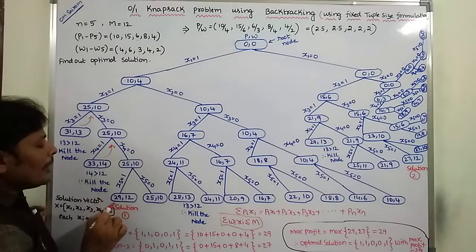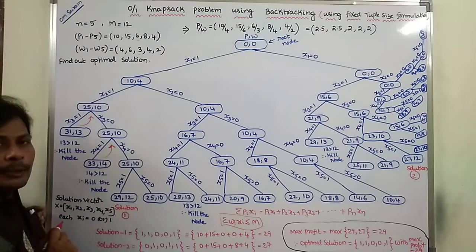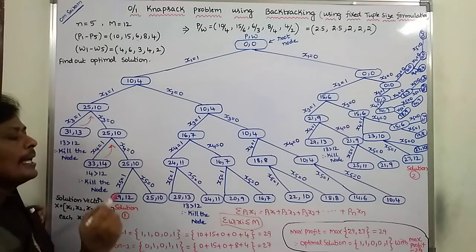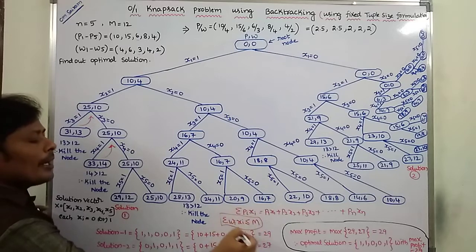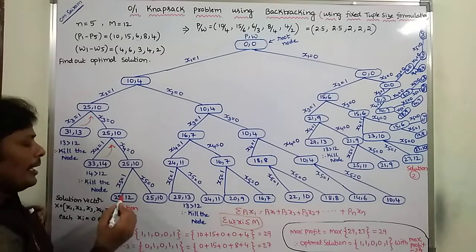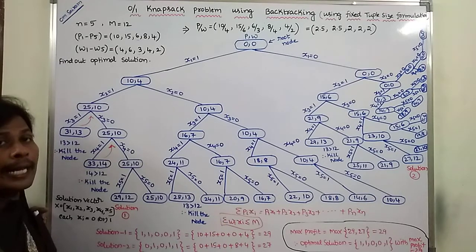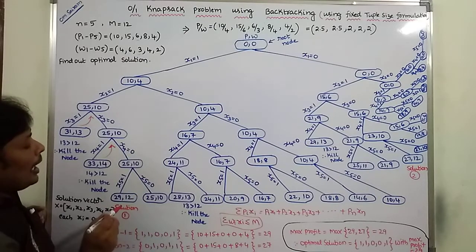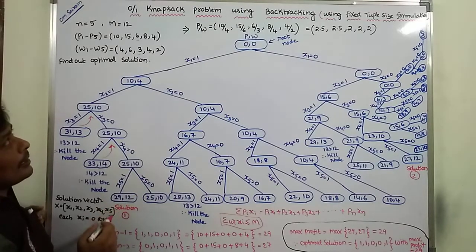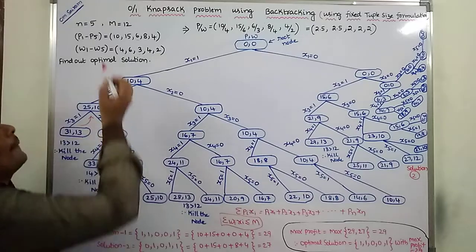The sum of the weights is less than or equal to the capacity of the knapsack: 12 less than or equal to 12. So the condition is true, and also all the objects are completed.